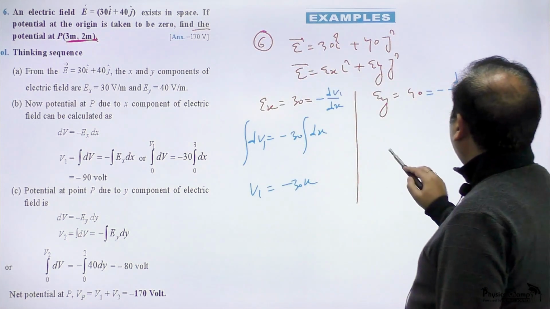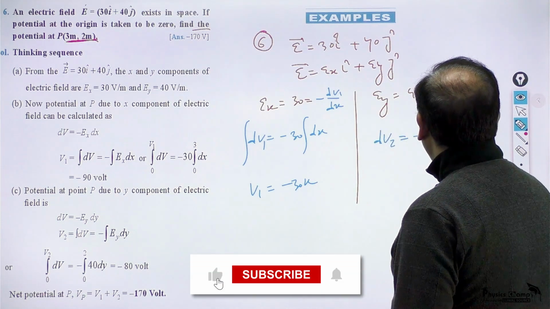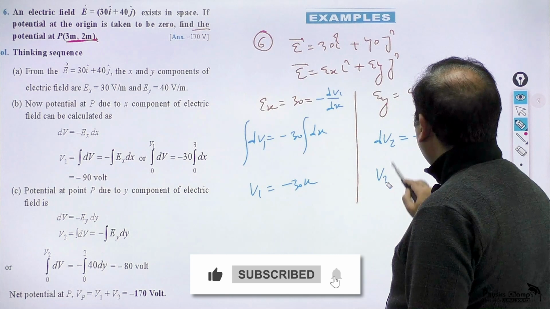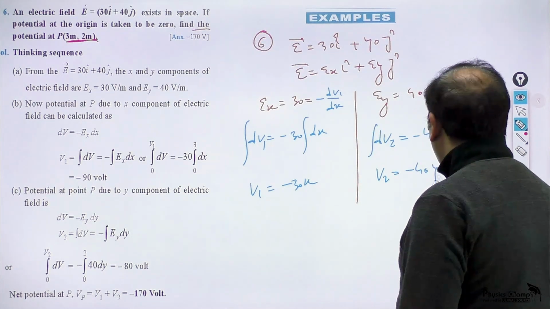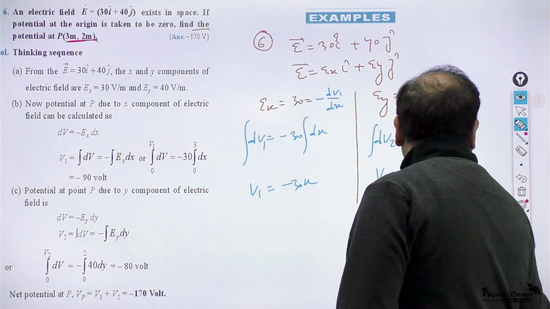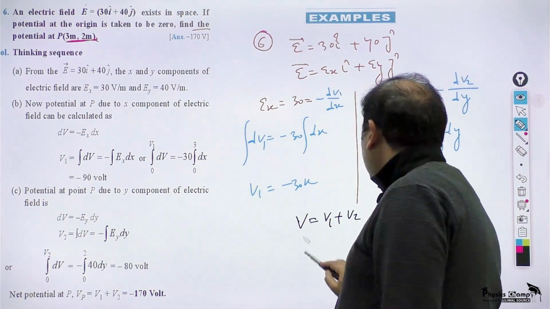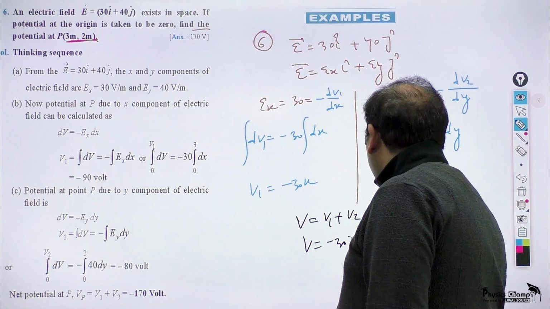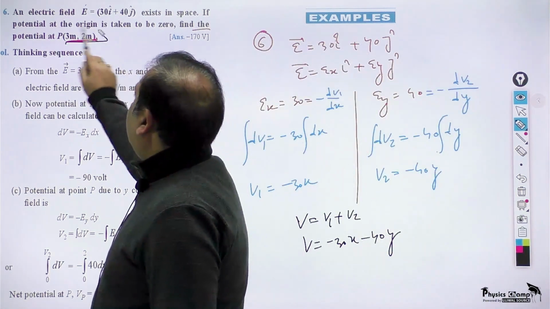Similarly, dV2 is what? Minus 40 dy. So V2, integrating this, we will get V2 is equal to minus 40y. It means net potential at any point will be V1 plus V2. So net potential will be minus 30x minus 40y. Now question is, find the potential at (3, 2).